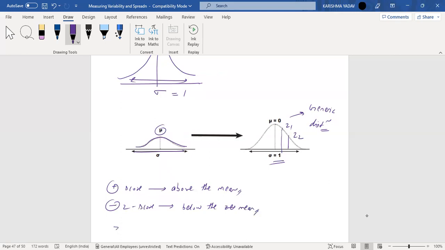And if your z score is 0, then the value is the mean itself. The size of the number shows how far away the value is from the mean.